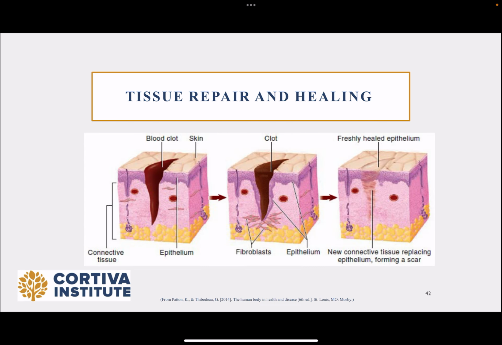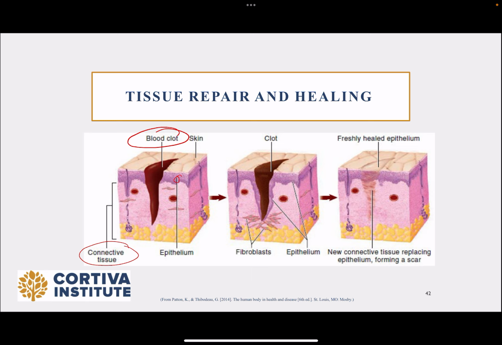Here's a little bit more on tissue repair and healing, right? So this is, for instance, a blood clot, right? And we can see the epithelium and the connective tissue working overtime, right? So they're like, we have this open wound and we need to close it, right?